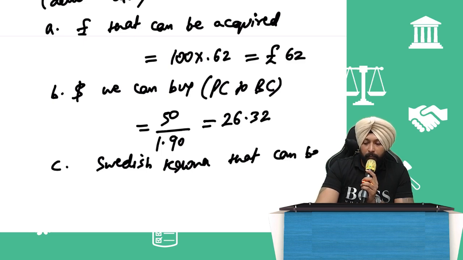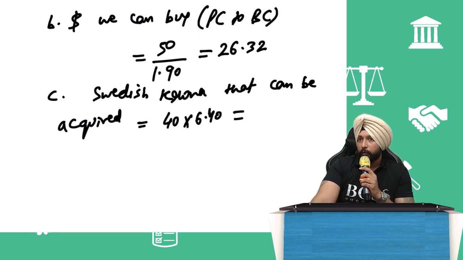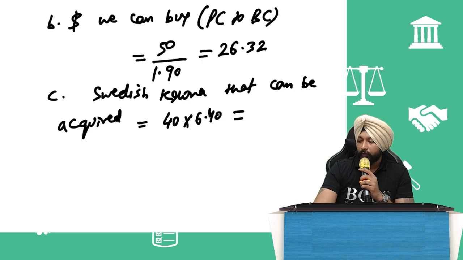Swedish krona that can be acquired. Base currency to price currency. So we got to multiply 40 into 6.40, 256.